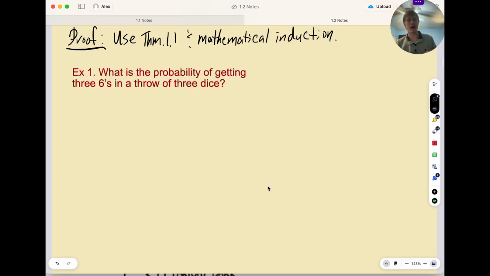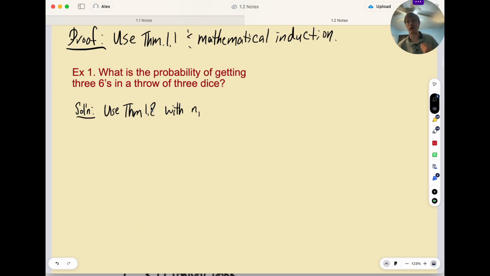Okay, example 1. What is the probability of getting 3 6s in a row or in a throw of 3 dice? Okay, so the solution, we're just going to use theorem 1.2, where N1 basically is how many different possibilities are there for the first die that you throw.